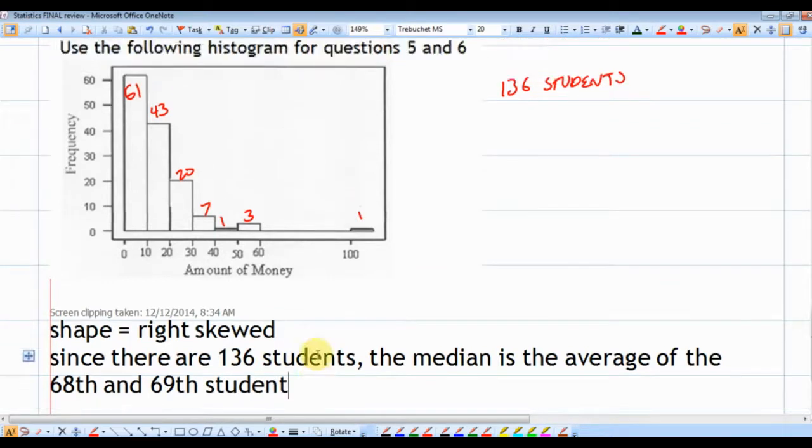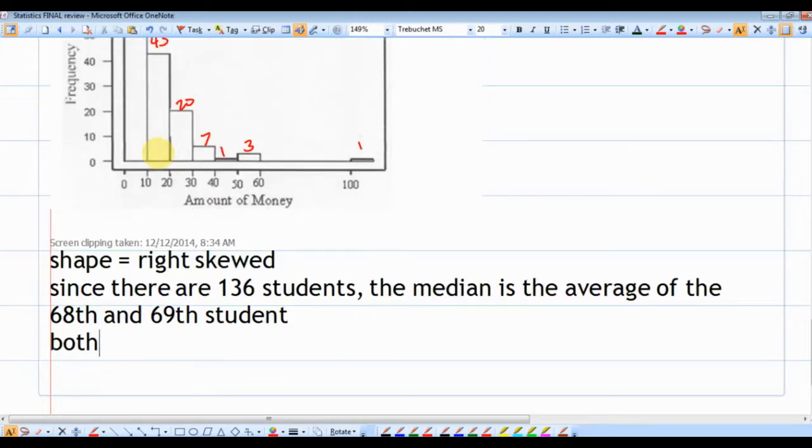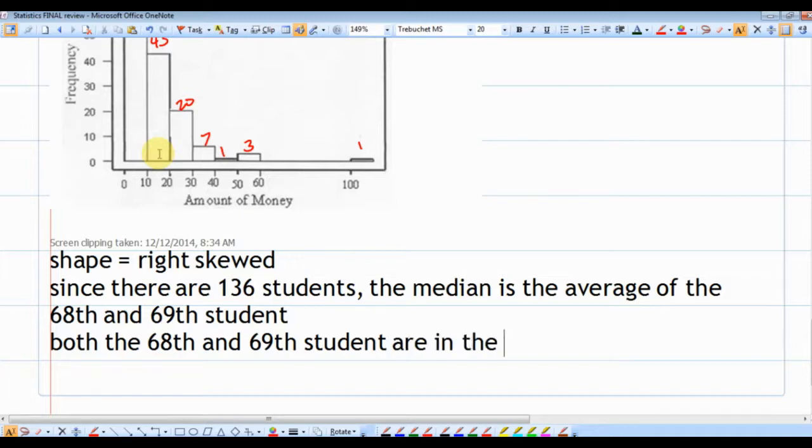So we just need to find out where the 68th and 69th student is. Yeah, the 68th and 69th students are somewhere between 10 and 20. Both are in the class 10 to 20.